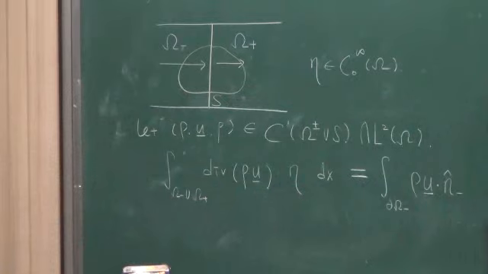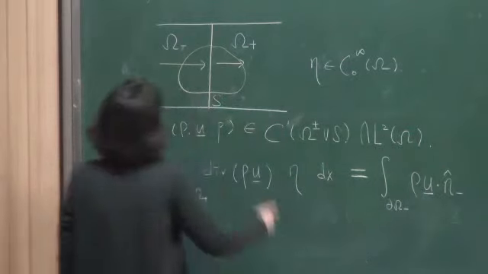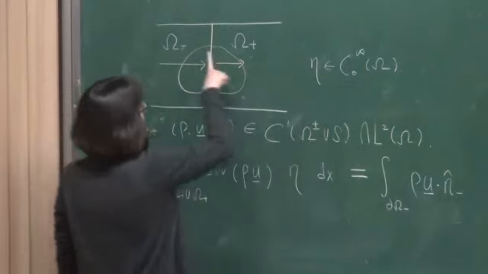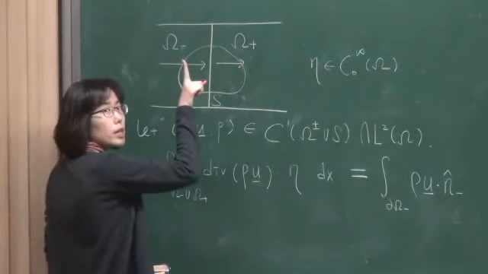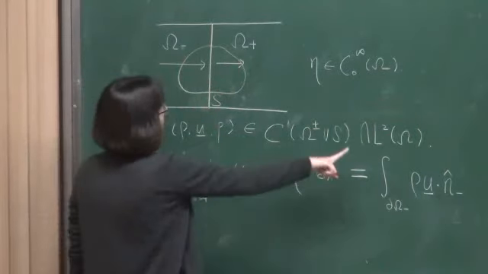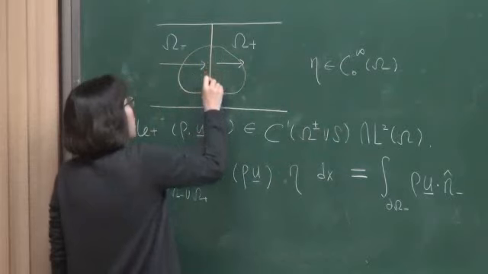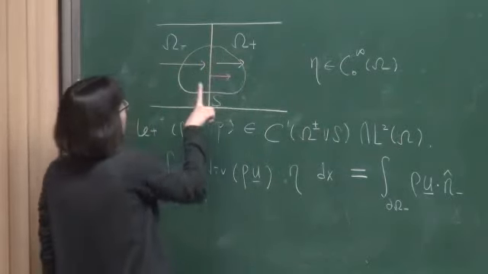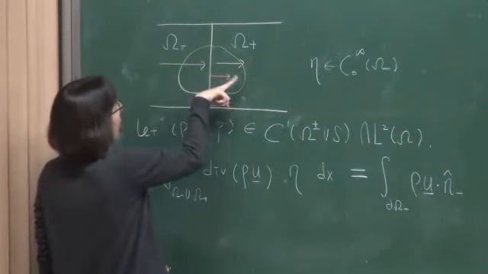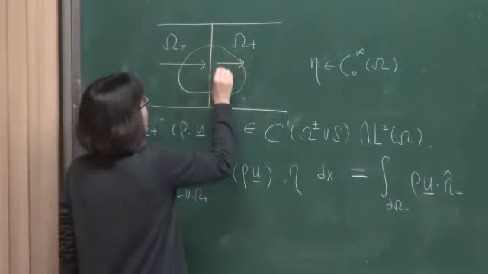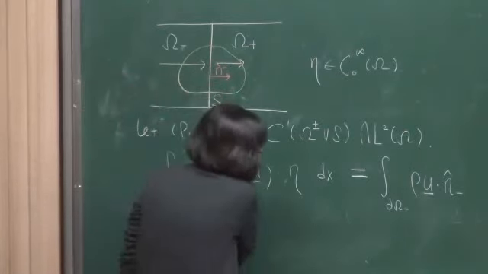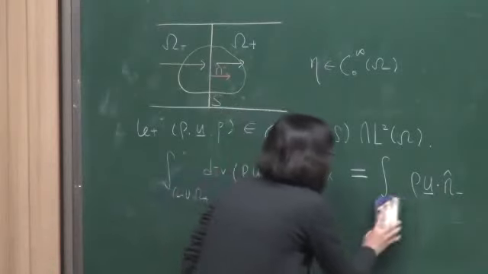So what is n minus? n minus is basically the outward unit normal vector on the boundary of this omega minus. But as you can see, eta already vanishes over here. So the only place where eta survives when you do the integration by parts is over there. So n minus is going to be the unit normal on the shock toward omega plus, because this is outward from omega minus. So this is n minus. So actually this integral only survives on the shock S.